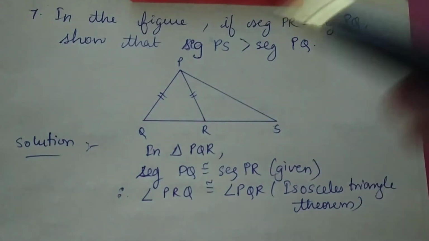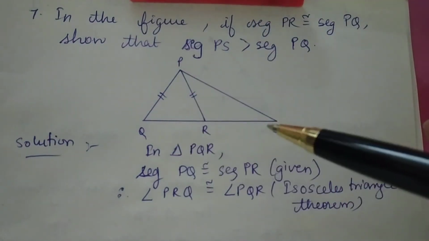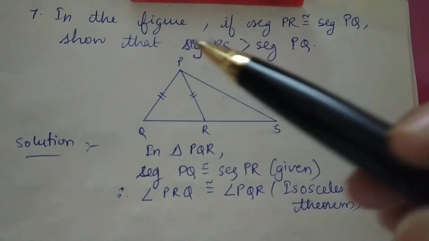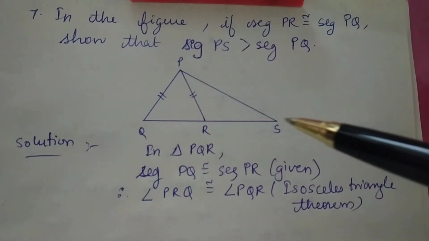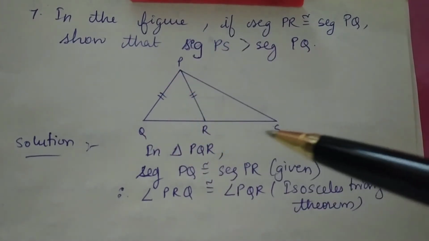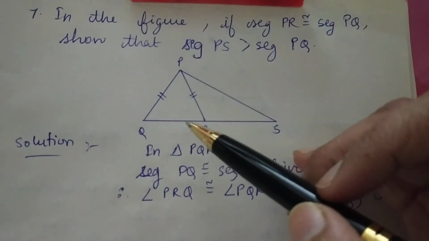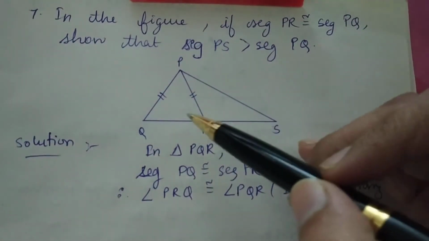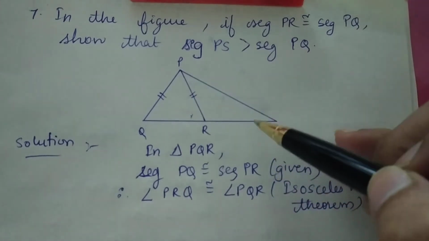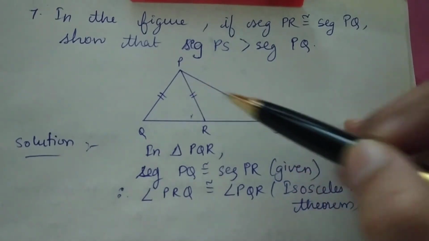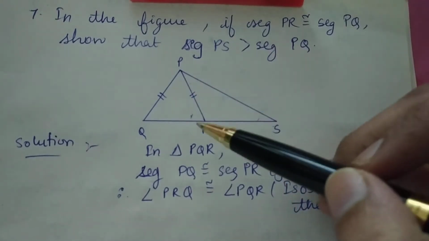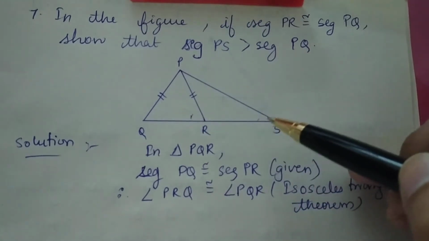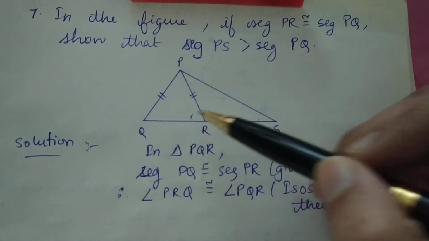So if PRQ is the sum of these two angles, we can automatically say that PRQ is greater than this PSR angle. Yes, because this angle is the addition of this plus this. So if the addition of these two angles gives this, that means if I want to find out the relation between this and this angle, I can say that this is bigger than this angle.